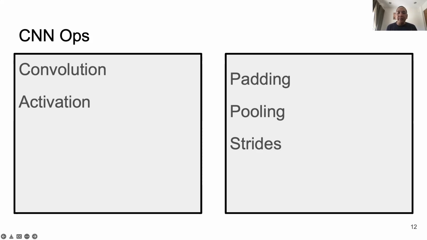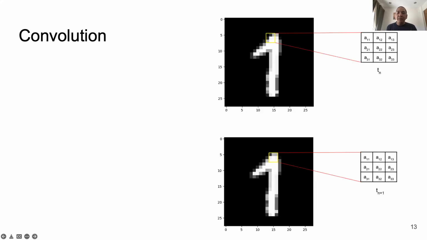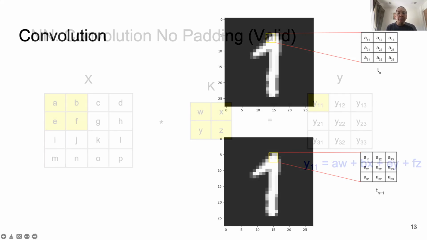Let us visualize each of these operators. First is convolution. In this slide, we have a 3x3 kernel moving one step at a time during the convolution process. Since the convolution is hard to visualize with an actual image, let us use a smaller image.